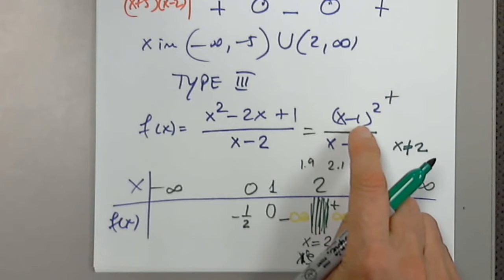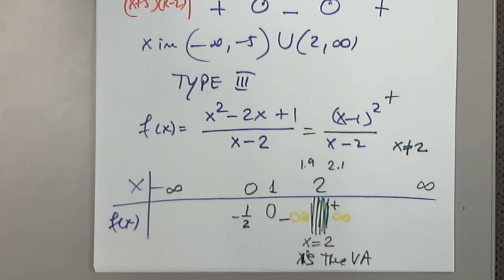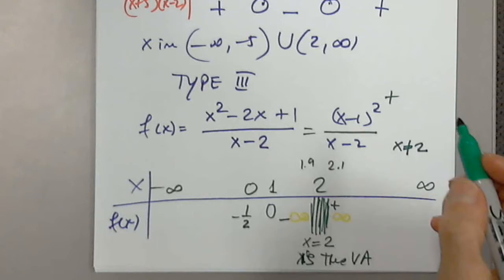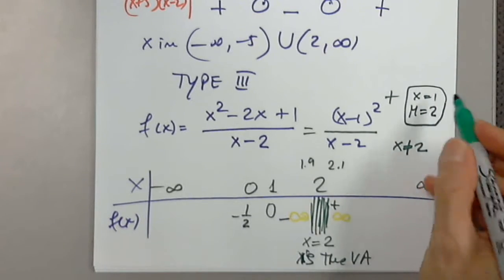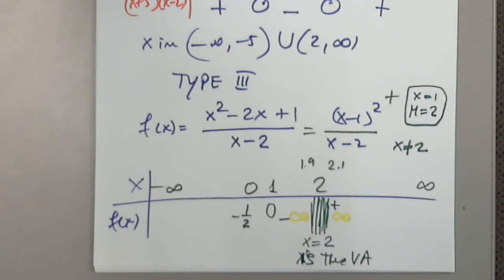But since there are two solutions there, x equals 1 and x equals 1, it's multiplicity 2 for x equals 1. What does that mean? What will the function do at that point, if it's a multiplicity 2? Remember x squared. What does x squared do at 0? It's the same thing as what x minus 1 squared will do at 1.